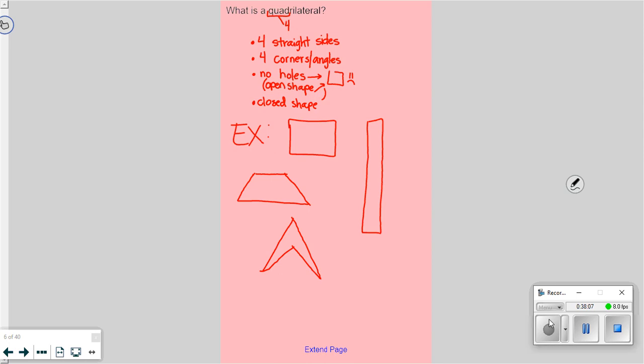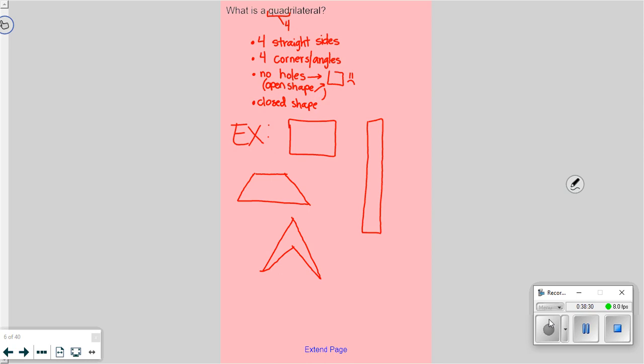Heidi? Square. Find your square. Wait, so is it a square or is it a quadrilateral? It is both. Just like your name is you, but you are also a 3rd grader. That's still you.